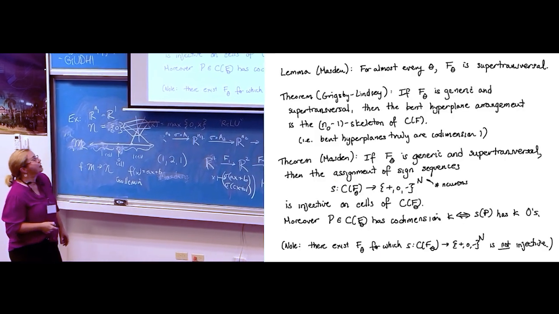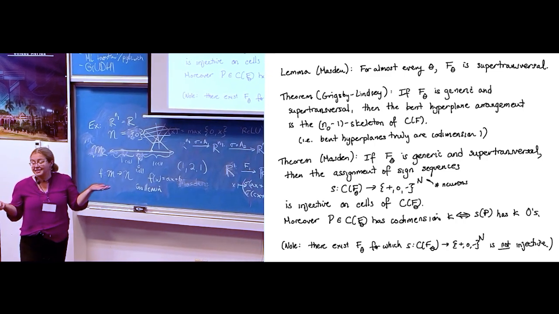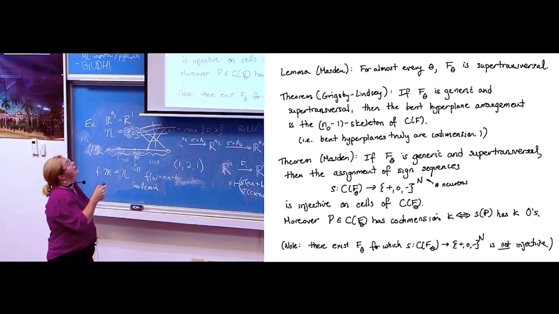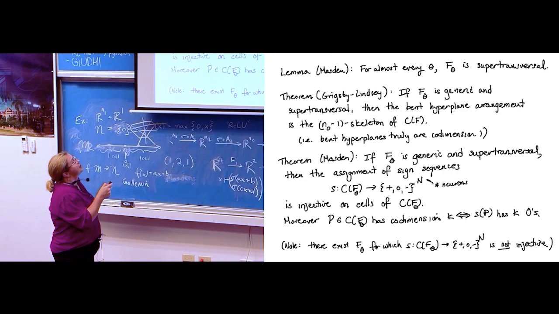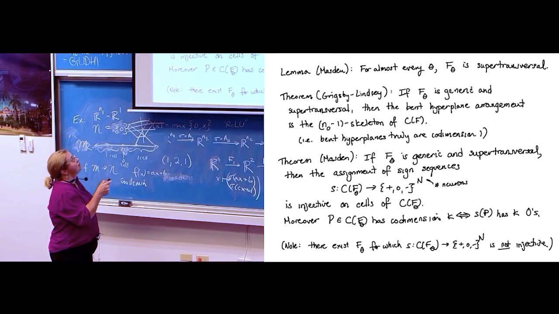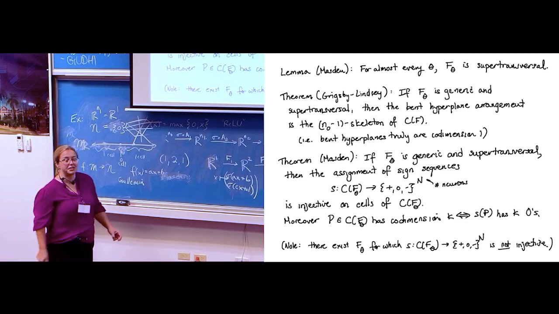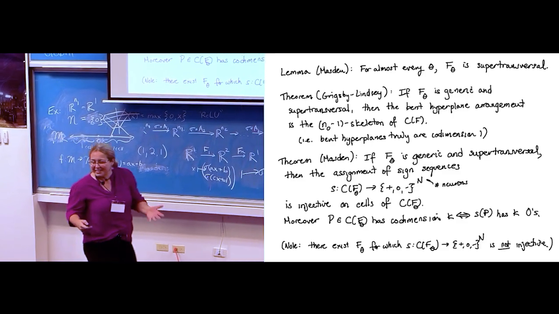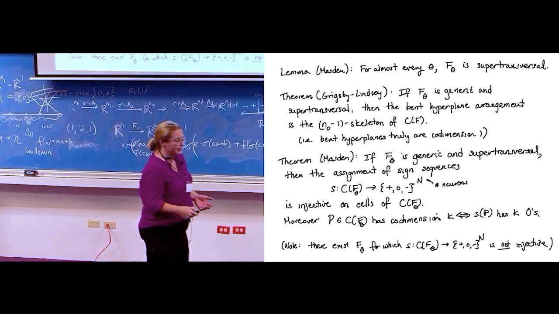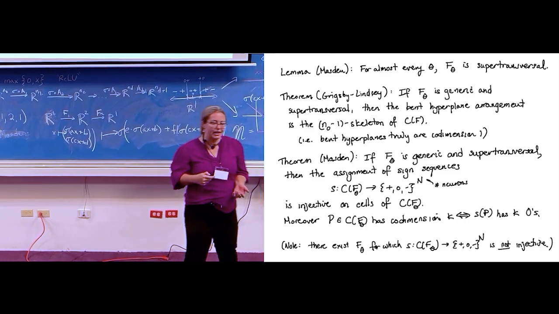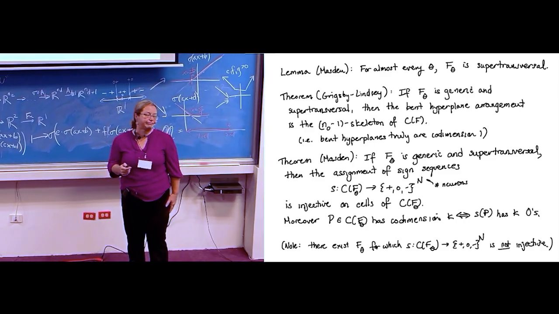Okay. So you might ask, is this thing likely to happen? And Masden proved that the answer is yes. For a full measure set of parameters, the map is super transversal. So those bad things that we were worried about only happen on a measure 0 set.